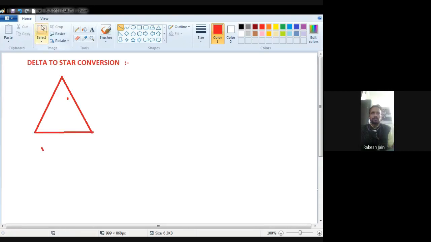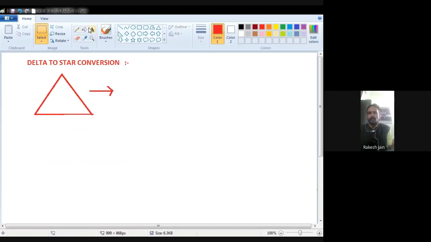A delta can look like this, right? And you have to convert it into a star network. How do we get the related star network? First of all, we can decrease the size. So this one is a delta, then your star network will look like this.